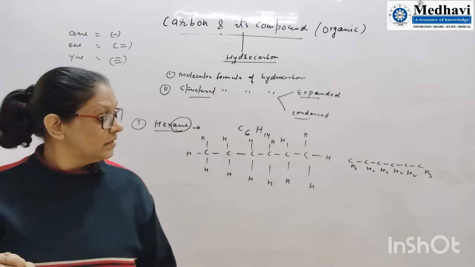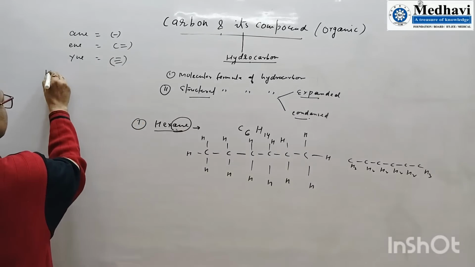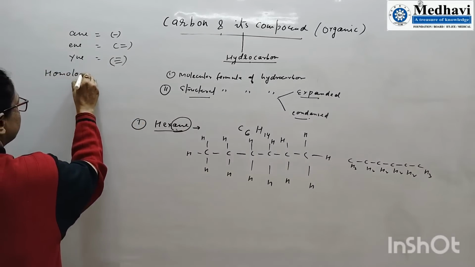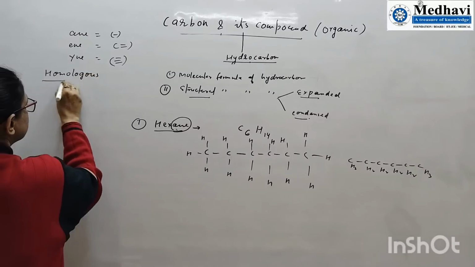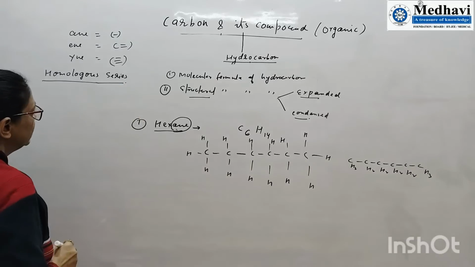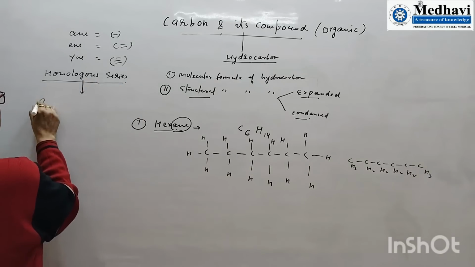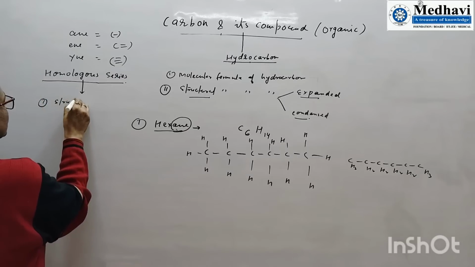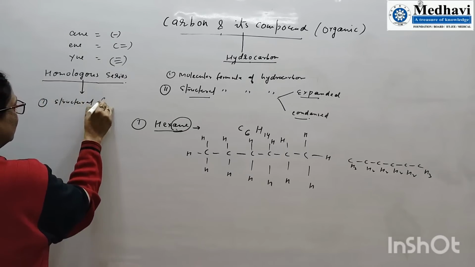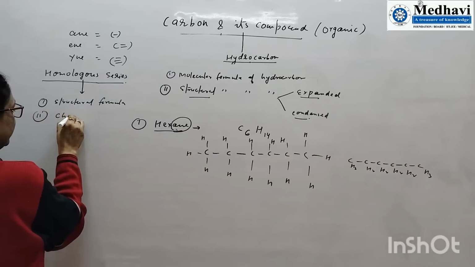After that, the next topic we have to focus on is homologous series. Very, very important point. It is a group of organic compounds that have a common structural formula and common chemical properties.